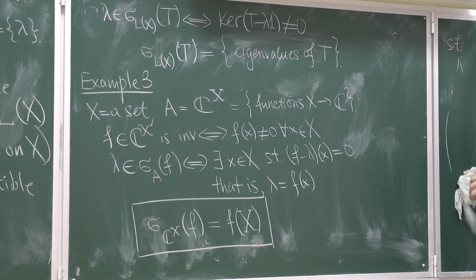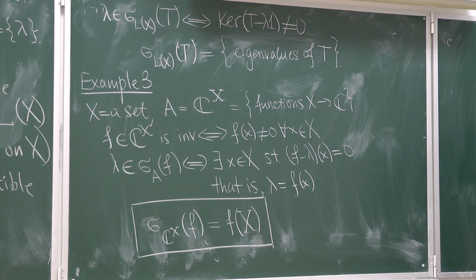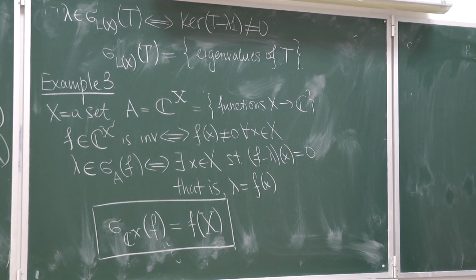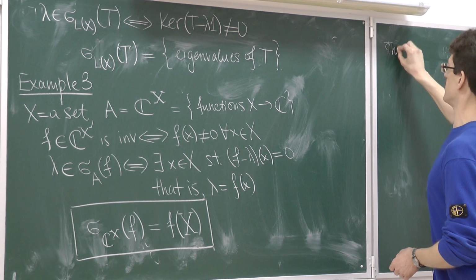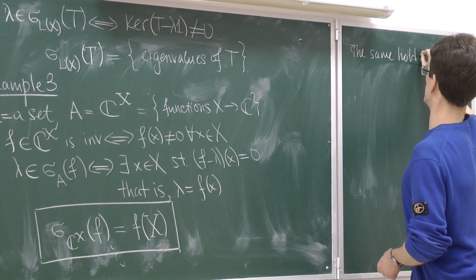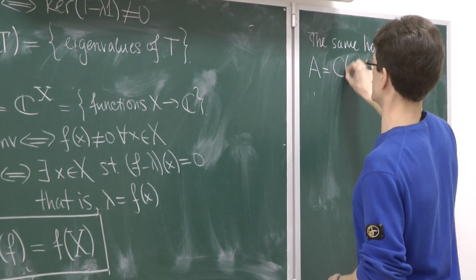Moreover, essentially the same argument, or better, exactly the same argument, works for many other function algebras. For example, the same holds for the algebra of continuous functions on a topological space.